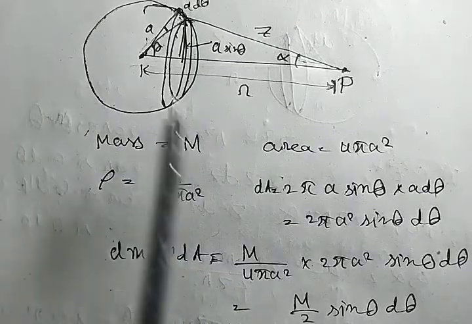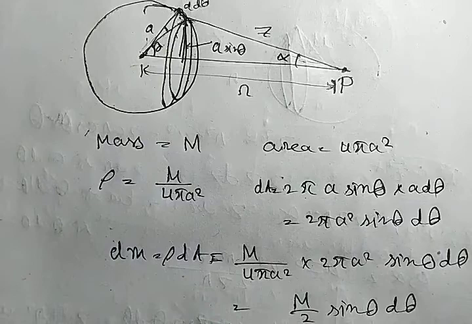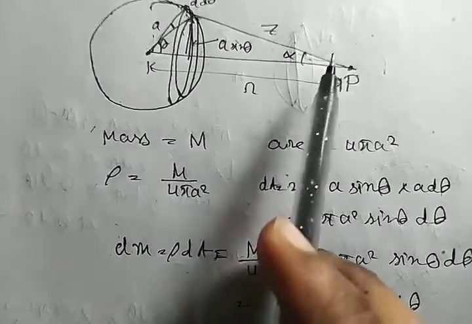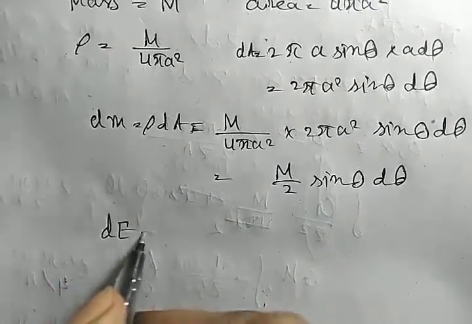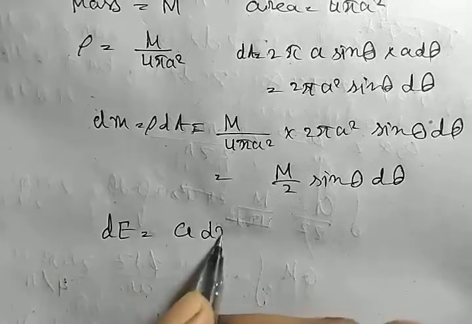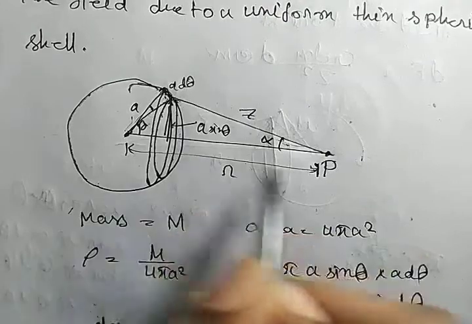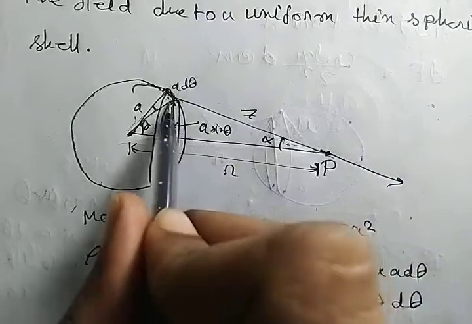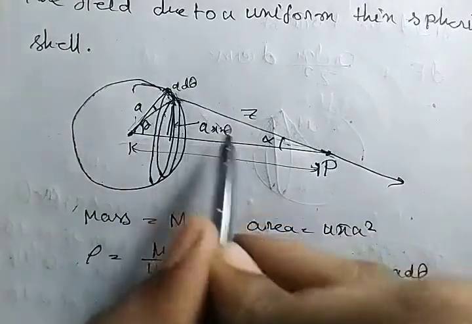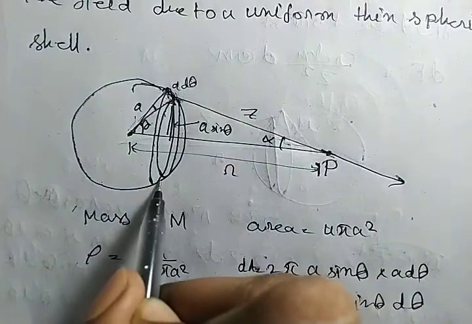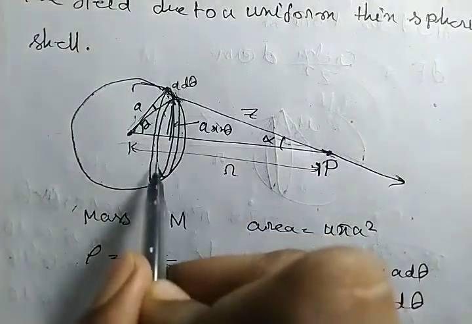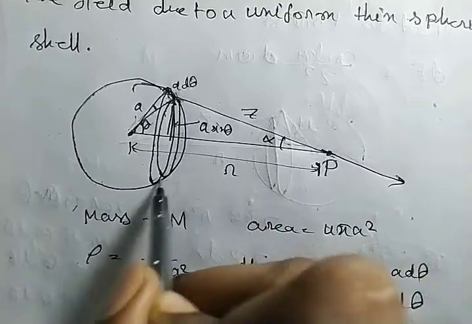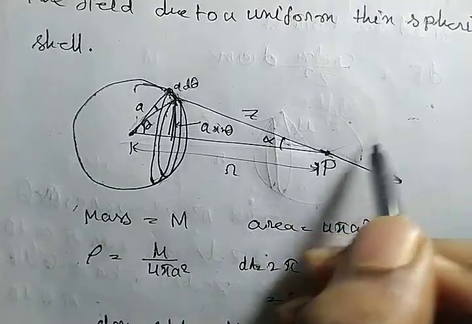Now we know for a ring, the electric field at point P becomes G dm by z square, directed along this direction. For the element here the field is directed along this direction, but this is a symmetric body, so there is an element here also, which in turn will give rise to a field in this direction.